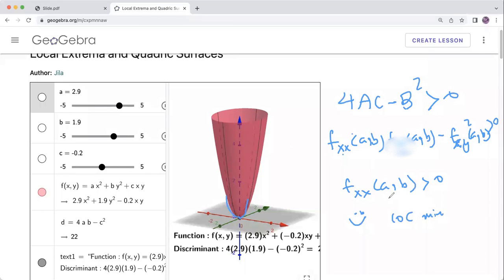It means that if I know that the local min or local max exists, then I can go back to f sub xx or f sub yy, and they will tell me if I have a concave up or concave down. And for example, if fxx, which is not the case here, was negative, then I would have the frowny face and a local max.